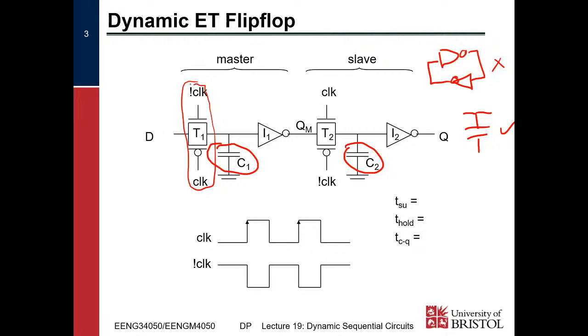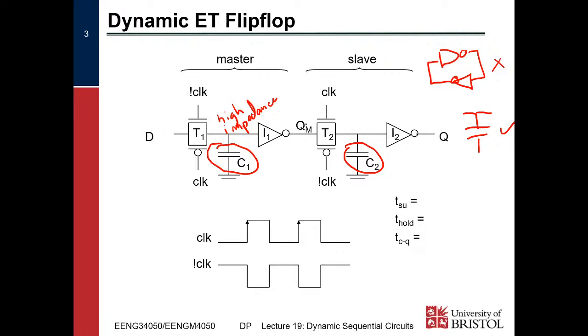We have a transmission gate to enable or disable charging or discharging of these capacitors. We only need one transmission gate this time because it's okay to have this as a high impedance node. Because it's dynamic logic, we can leave a node either charged or discharged.